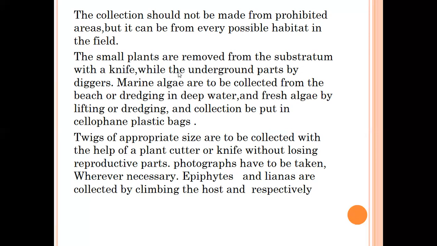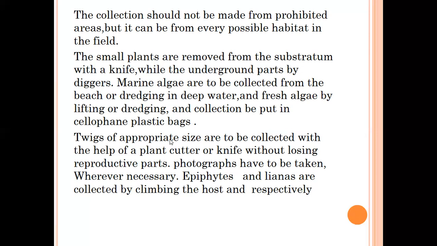If we collected underground parts with diggers, marine algae from the dredging areas of deep water of the ocean, or fresh algae by lifting or dredging, after collection they are put in cellophane plastic bags. Not only algae, whichever parts are collected from the plants, they are stored in cellophane plastic bags.